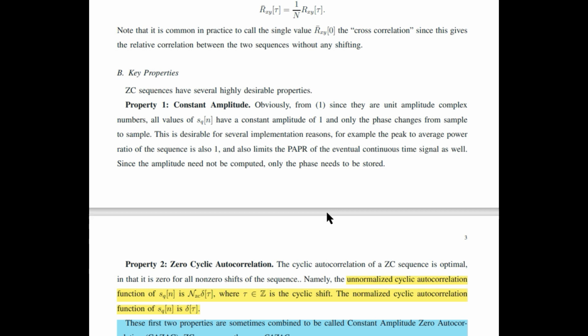For example, the peak to average power ratio of the sequence is always 1 because the amplitude is 1, and it also limits the PAPR of the continuous time signal. Since the amplitude need not be computed, only the phase needs to be stored. The benefit of this sequence is that you need not focus on the amplitude, only on the phase changes.